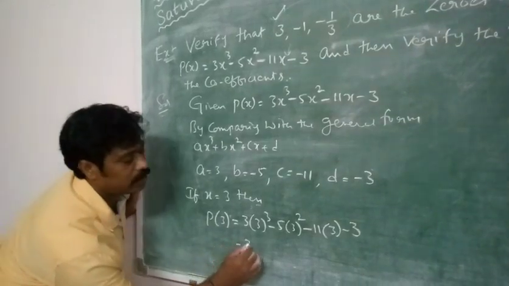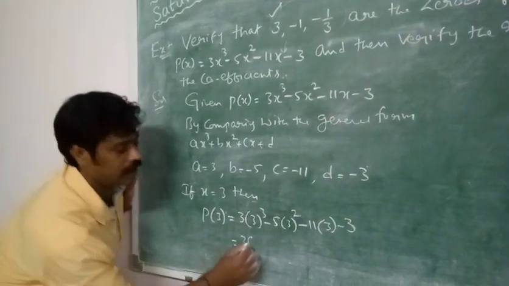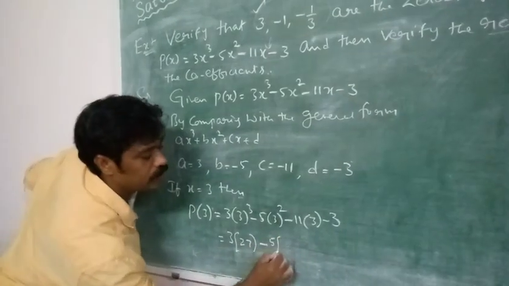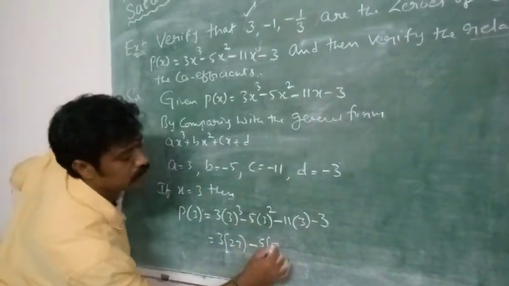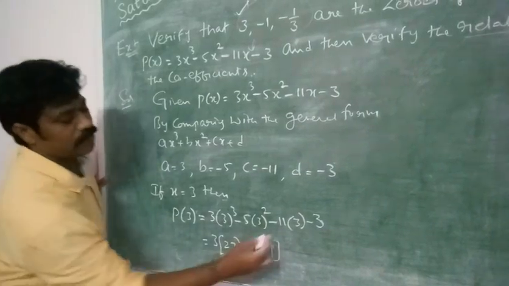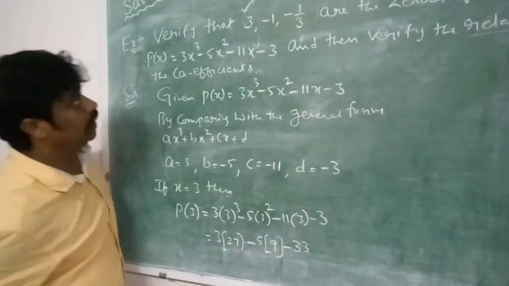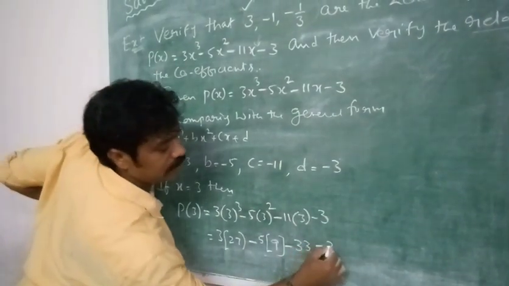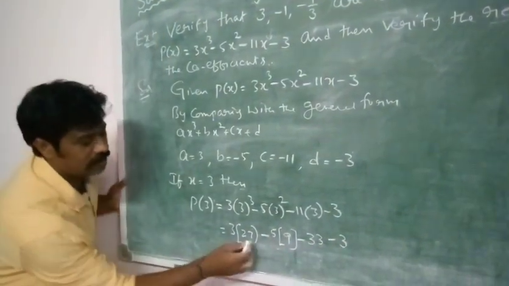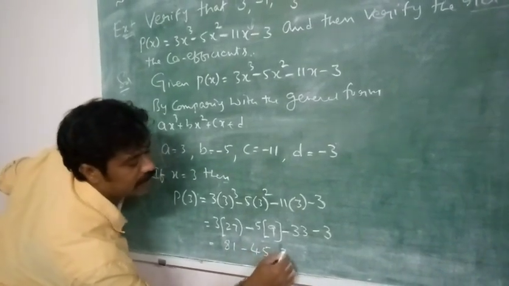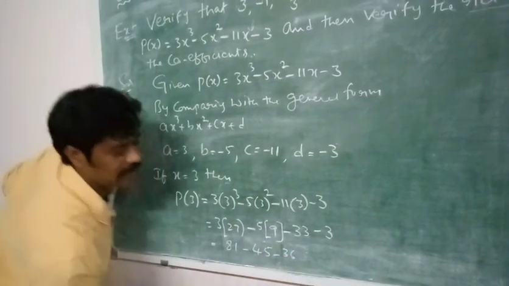Then 3 into 3 cube is 81, minus 5 into 3 square 9 is 45, minus 11 into 3 is 33, minus 3. So 81 minus 45 minus 33 and 3, that is minus 36.